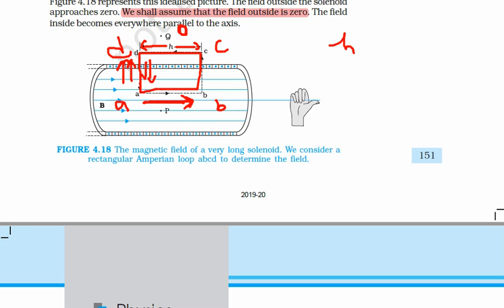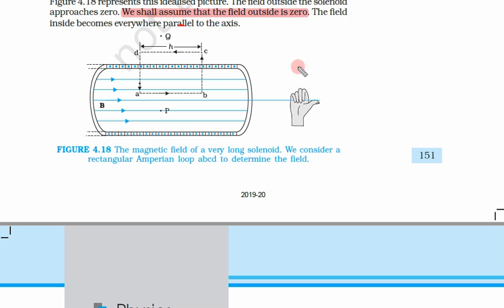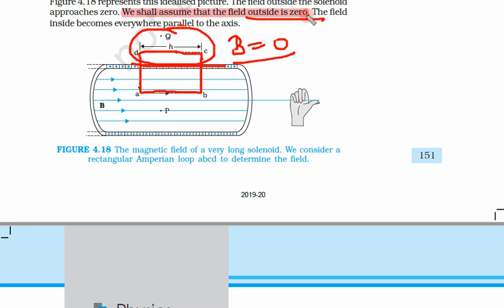Also there is another way of seeing this. If we take this rectangular loop, this is the portion which is outside, and this is the portion which is outside. The outside field is already 0, which we have already assumed. Now let us see inside.